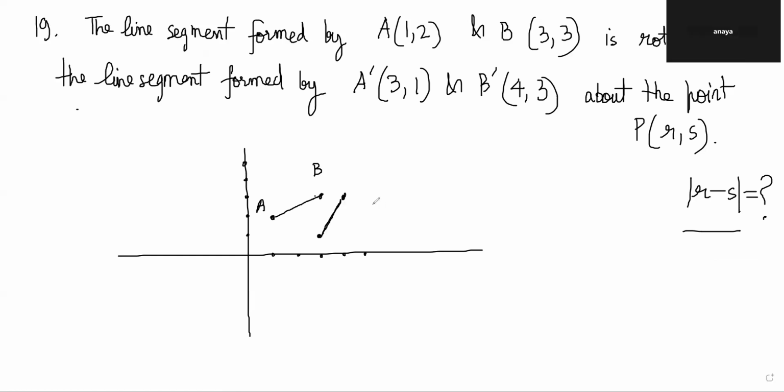So it is rotated about an unknown point to get to this shape, this way, right? So we have to find that unknown point, or at least the difference between the x and y coordinates of it.